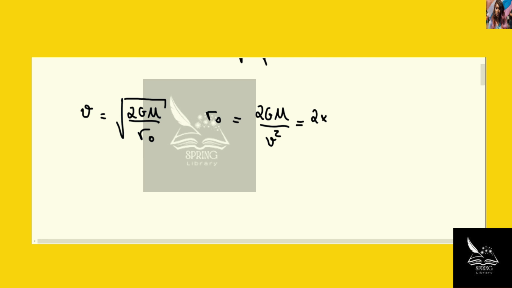So this is 2 times 6.67 times 10 to the minus 11 newtons meters squared per kilogram squared times the mass. I'm not going to write this here because I'm running out of space, so I'm going to write it down here.